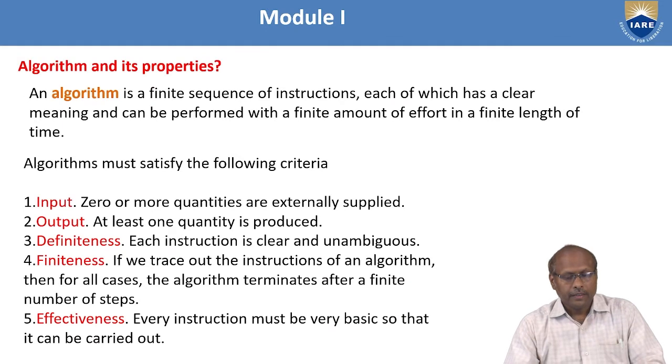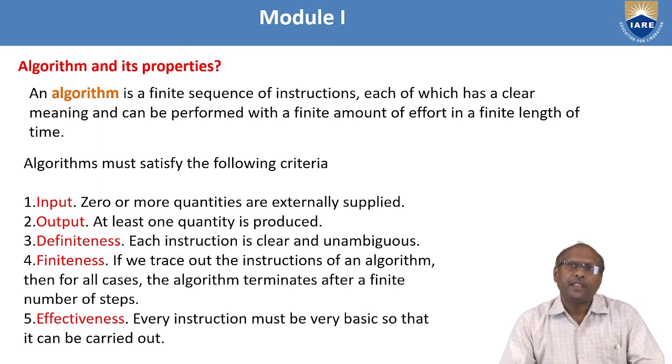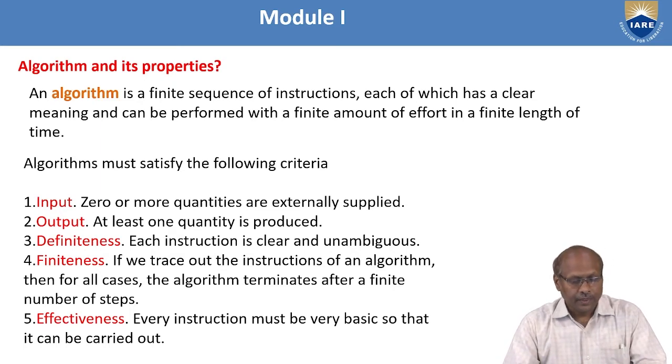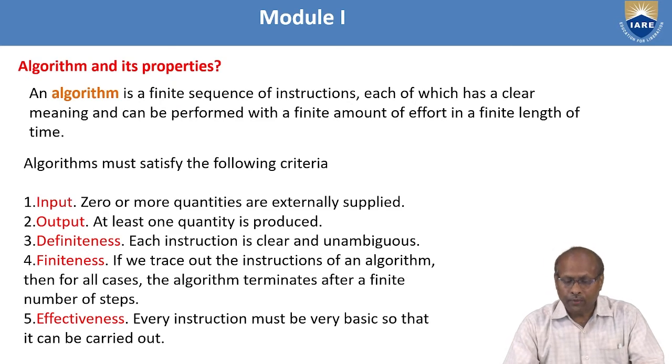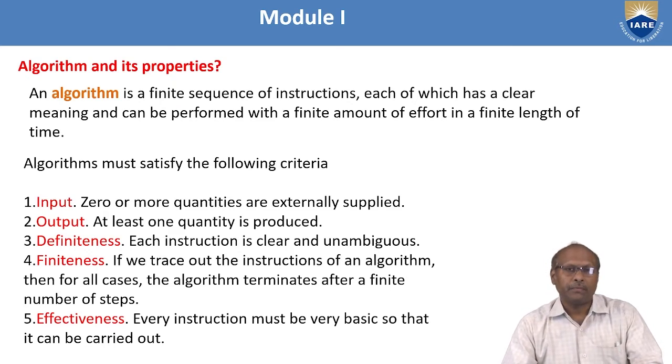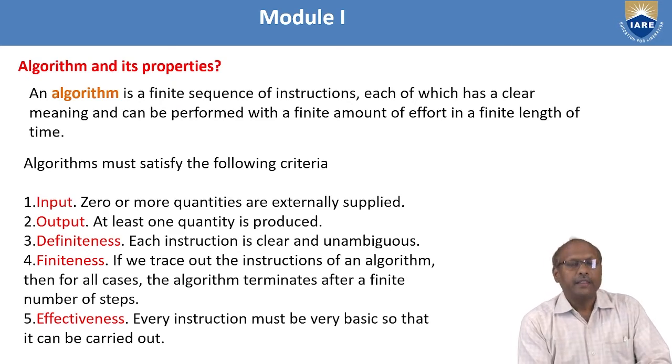Next, they may ask a question: what do you mean by algorithm? And why do you need the algorithm? Then you should say an algorithm is a finite sequence of instructions, each of which has a clear meaning and can be performed with a finite amount of effort in a finite length of time. So this is the general definition.